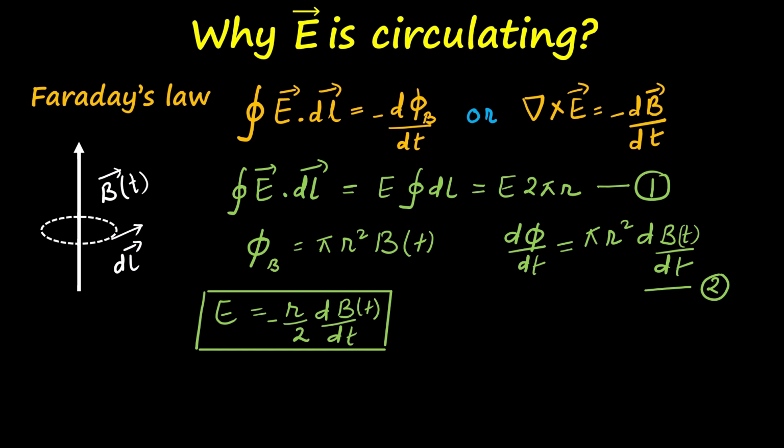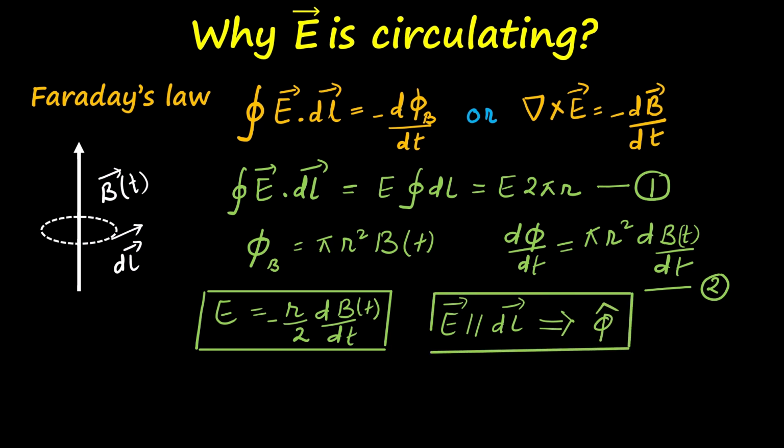Now what about the direction of the electric field? In the beginning I said E is parallel to the dl vector, and the dl vector is always tangential to the circular path. Using this concept, we can say the E direction will be along the phi cap direction.